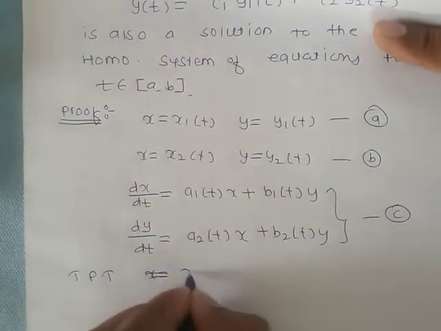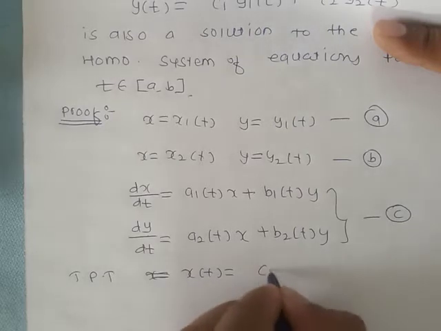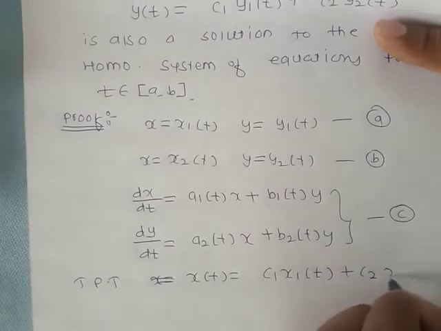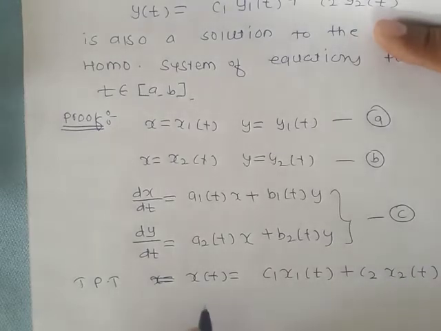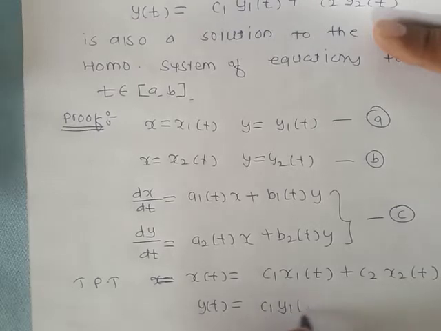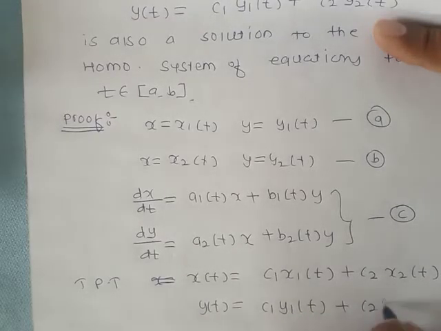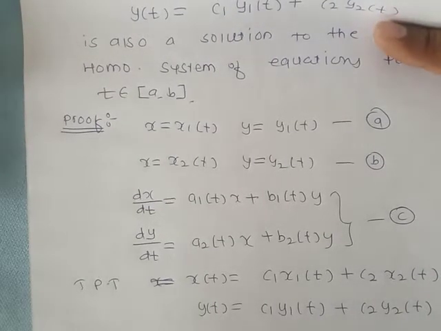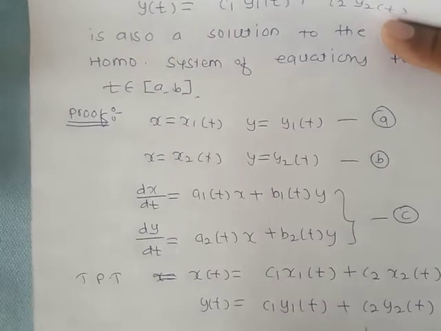x of t is equal to c1 x1 of t plus c2 x2 of t, y of t is equal to c1 y1 of t plus c2 y2 of t, then these are also solutions for the given system of equations.